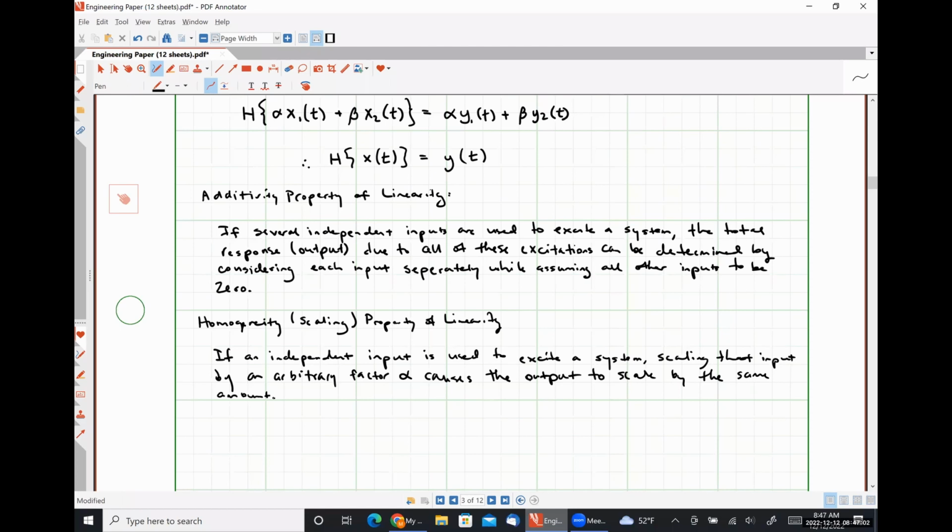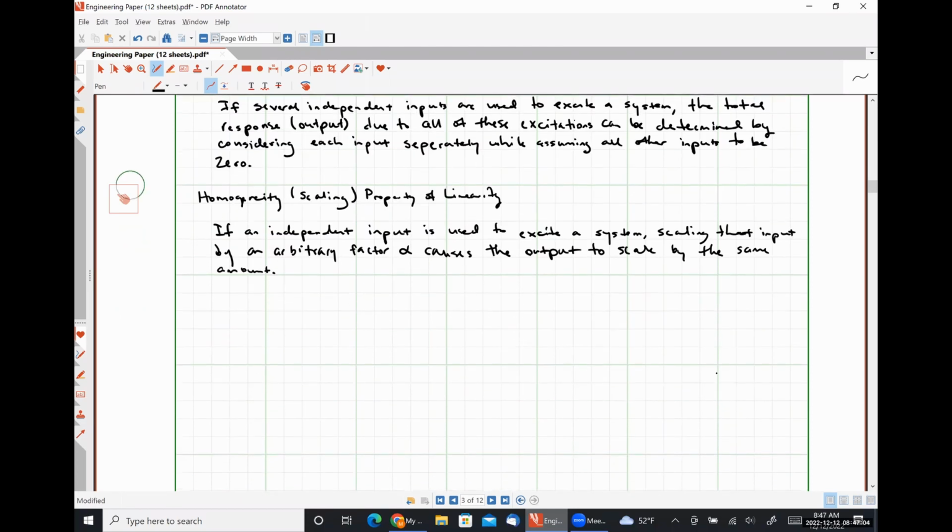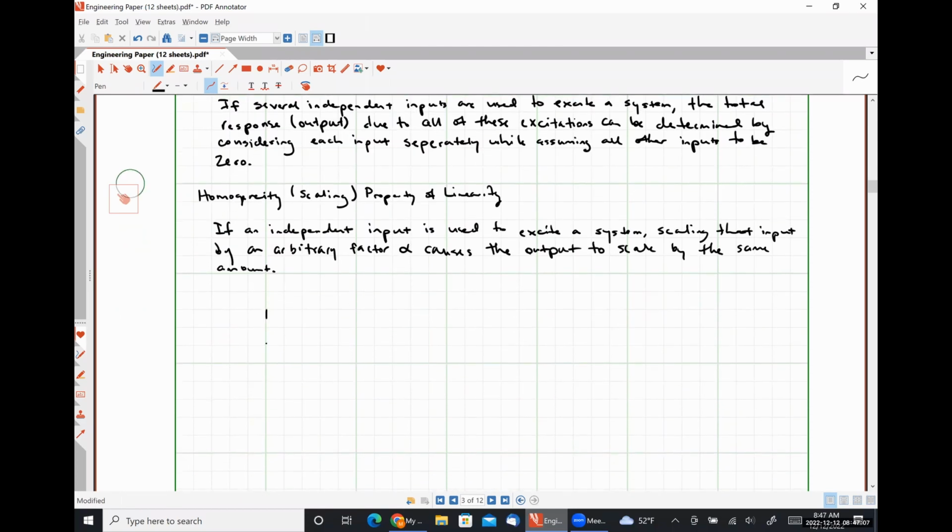So let's see if this is true. Let's take our circuit. But this time, let's scale our inputs, our voltage source and our current sources by a factor of 2. So let's turn our 6-volt source into a 12-volt source. We're going to leave the directions and stuff like that alone. Here's our 6-ohm resistor.